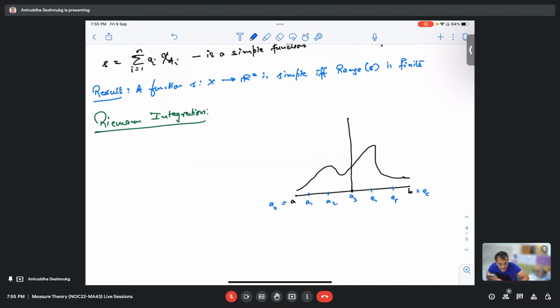What do you mean by upper sum and lower sum? So the supremum value of the function in that subinterval, and then we take the linear combination and add that up.